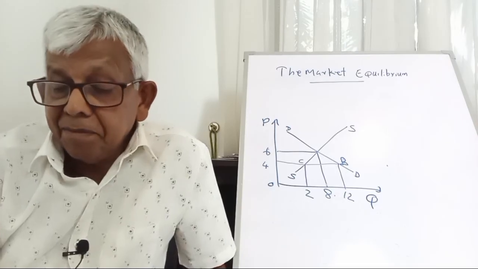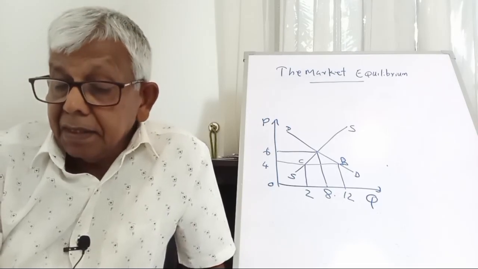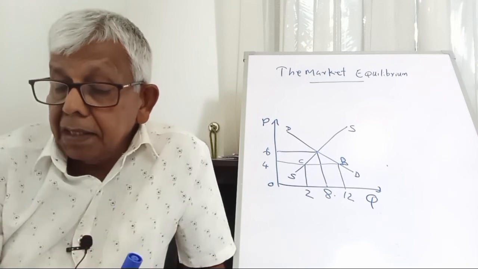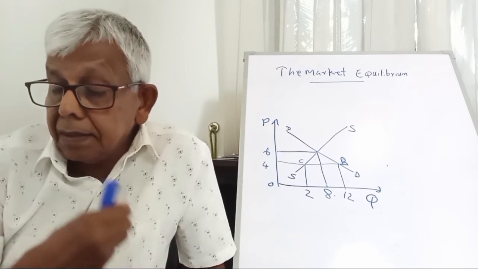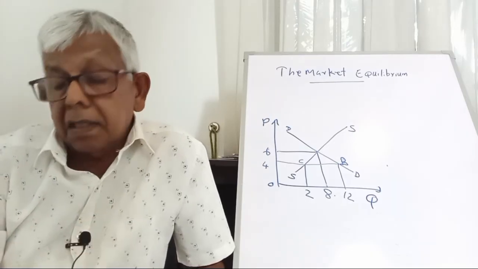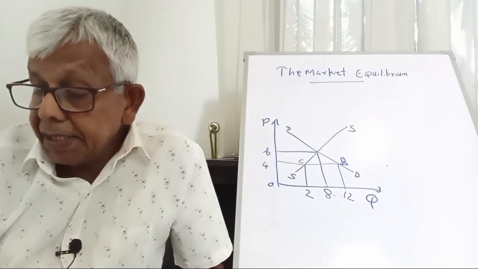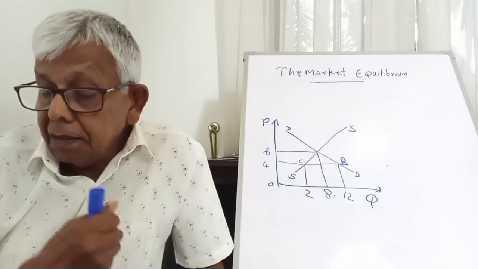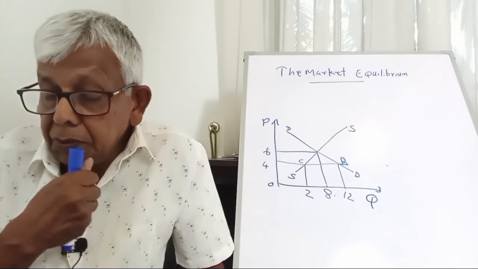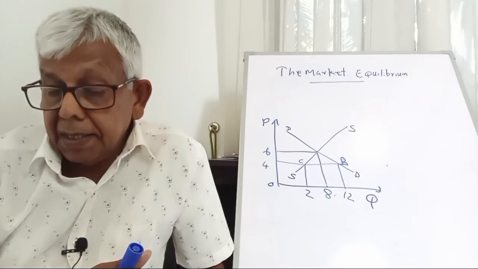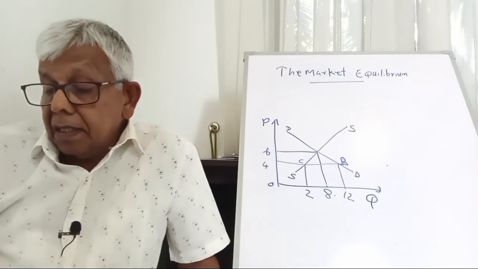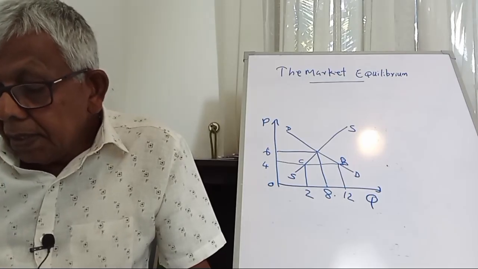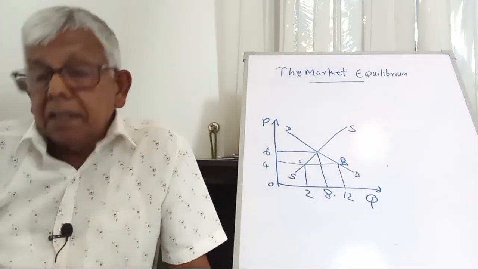The excess supply in the market creates competition among the suppliers, which pushes the price level down. It reaches the equilibrium price where the excess supply disappears.